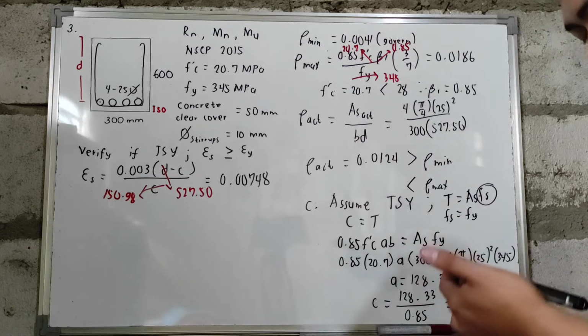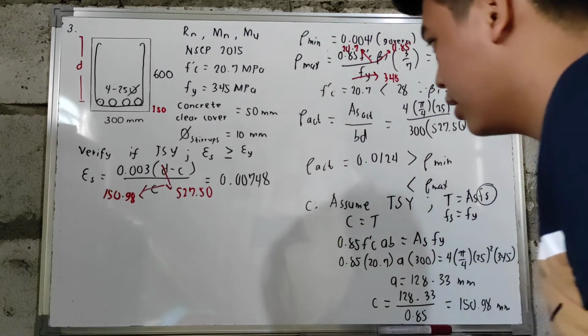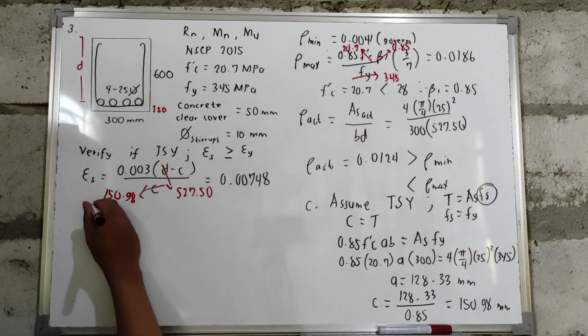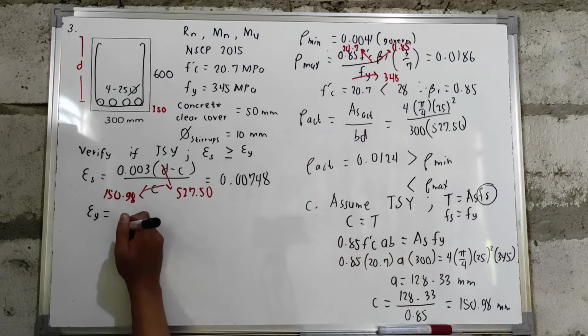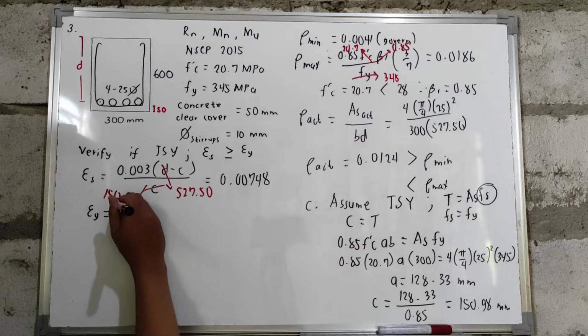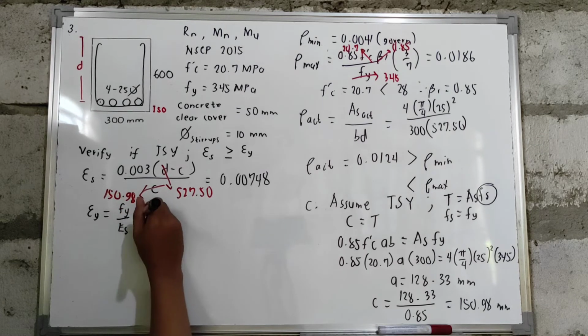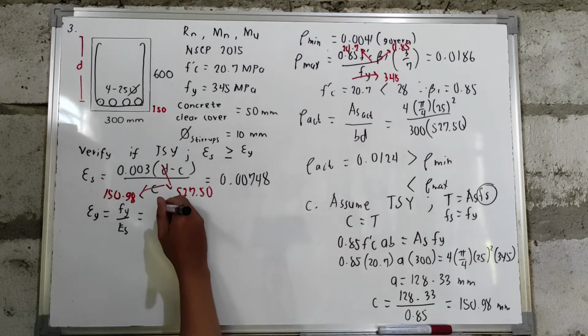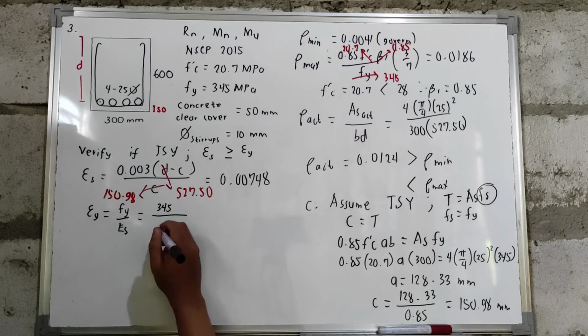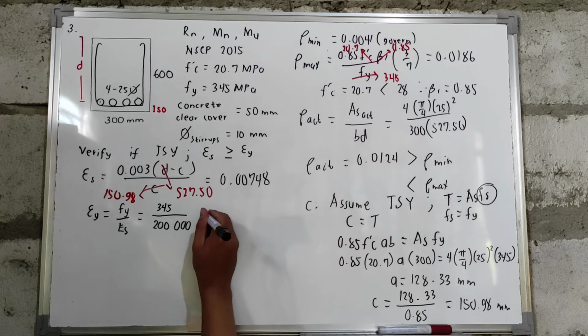Then, we will compare that to the value of your epsilon y or yung strain natin sa y. So, yung formula natin dyan, that is Fy over Es. So, yung Fy natin, we have a value of 345 megapascal. And yung Es natin, that is 200,000 megapascal.